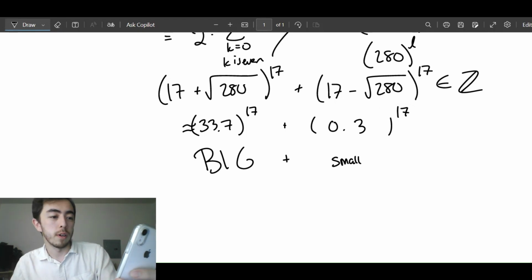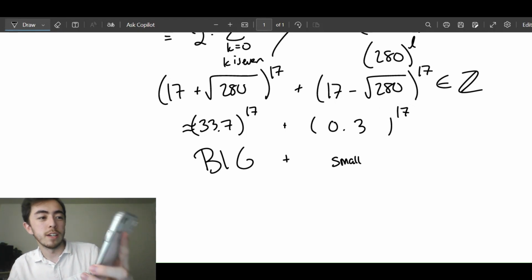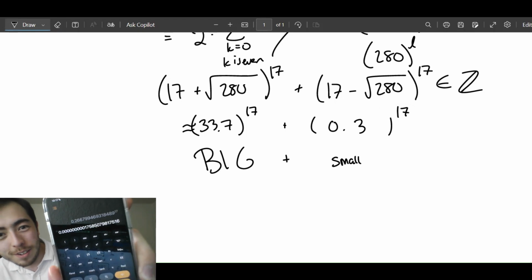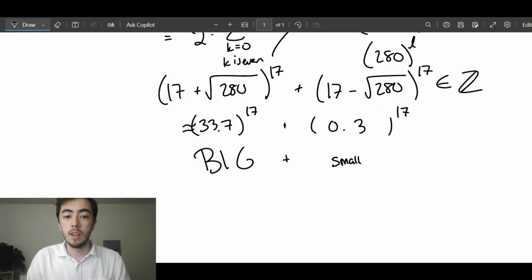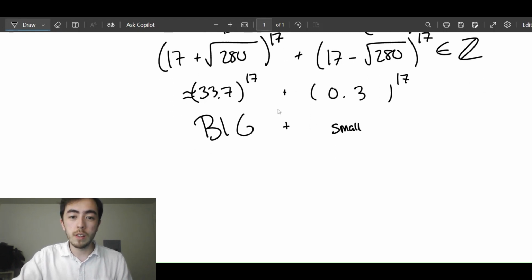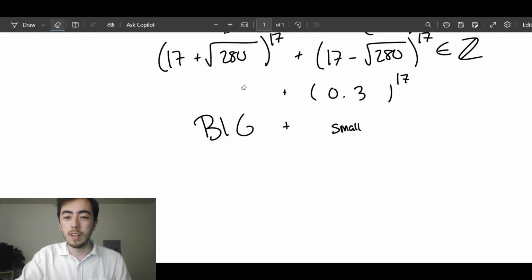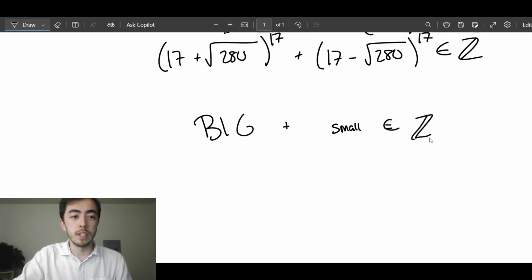To even prove my point, I want to do the power of 17 on this. And look how many zeros there are in front of that number. This is a teeny number, so close to 0. And so this very, very large number plus this teeny tiny number is going to be equal to an integer. So I'll just say it is an element of the integers.